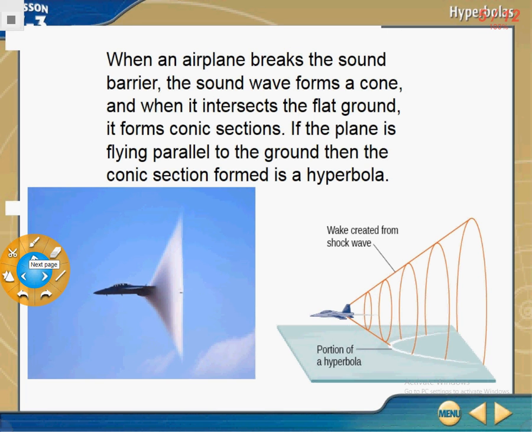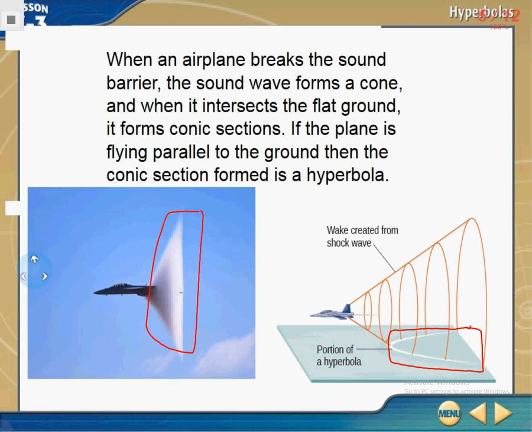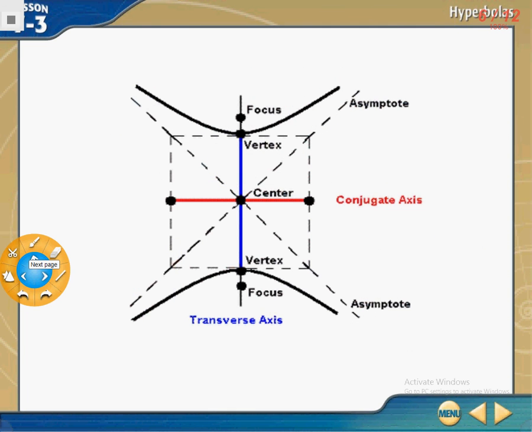Just look at this shape. It's a cone, and if the plane is horizontal to the earth, look at the shape that it makes on the ground. This is the hyperbola. So these are one or two examples of real-life applications for hyperbolas.